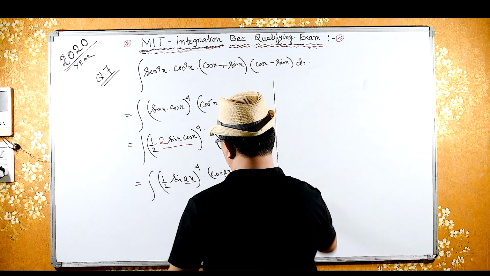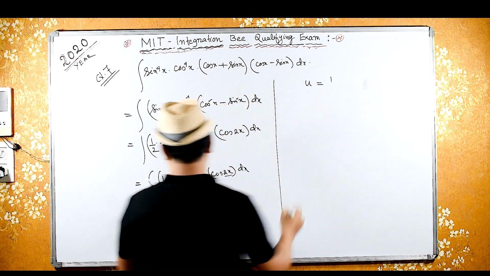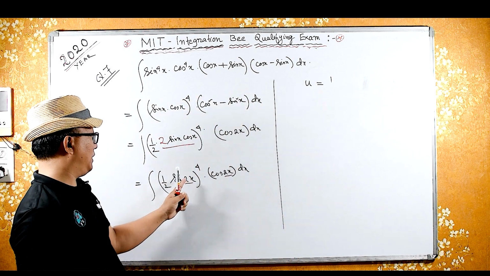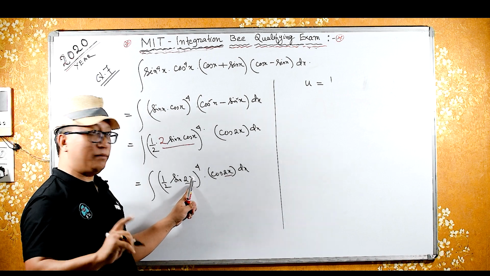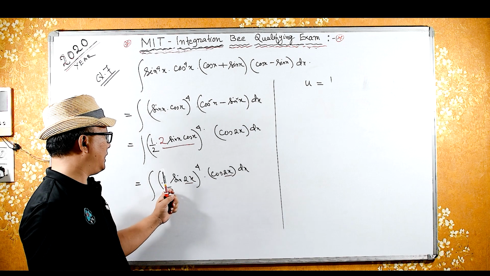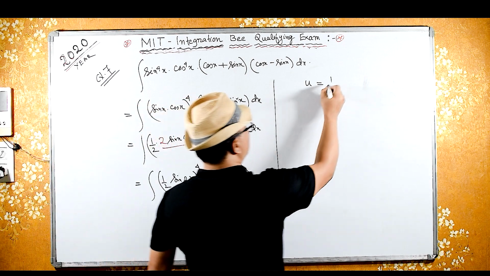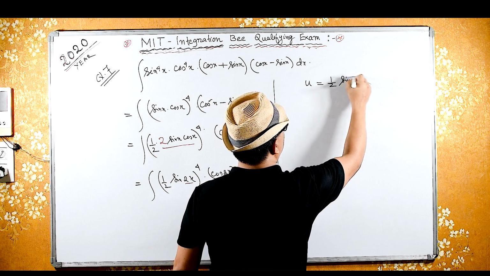Let's take all the constants too, because if you differentiate, since the angles are there, whenever you do differentiation there will be 2 extra. So in order to be safe, let's take the whole thing: u equals half sine of 2x.